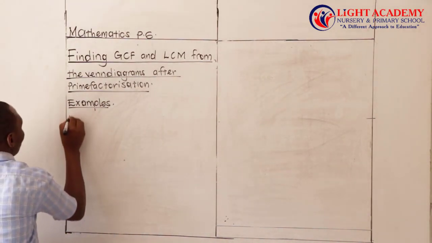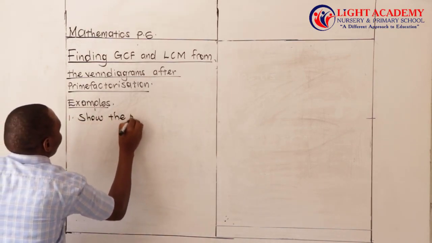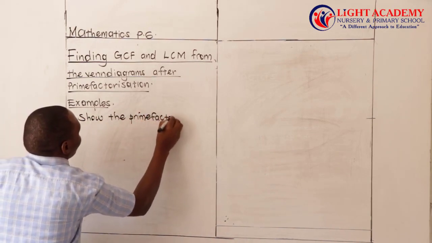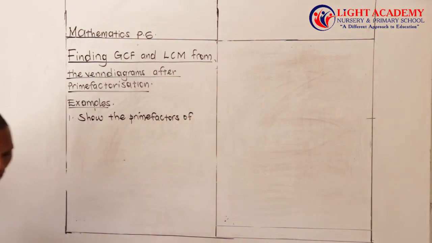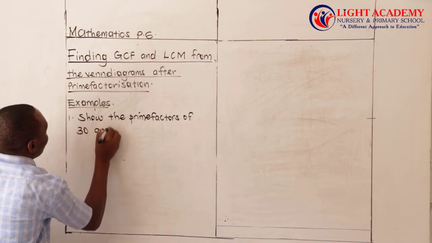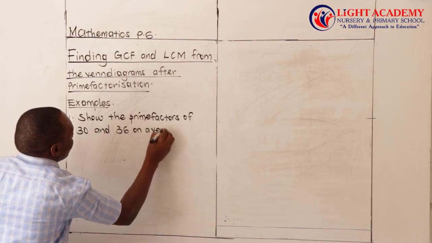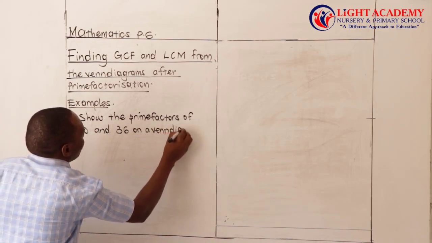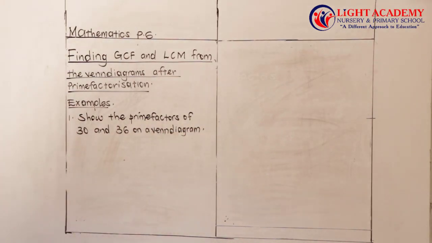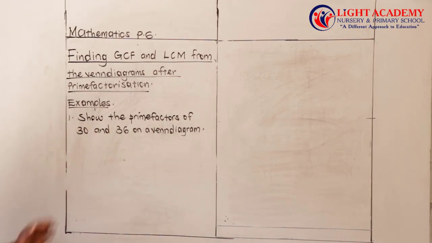We can first have this question here: show the prime factors of, for example, 30 and 36 on a Venn diagram. The question says, show the prime factors of 30 and 36 on a Venn diagram.